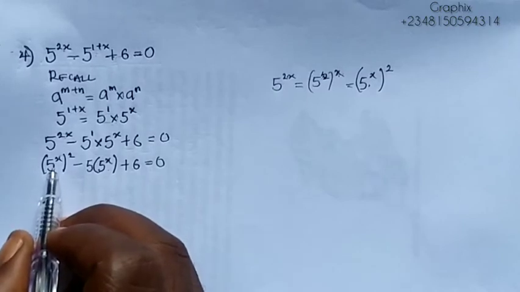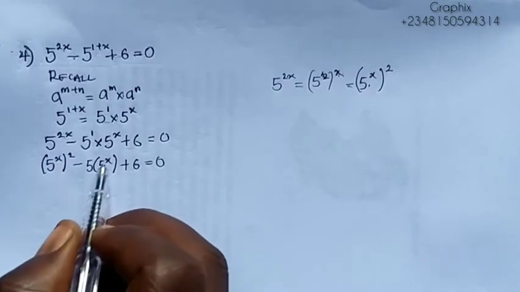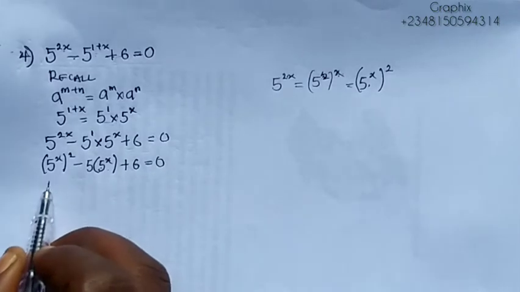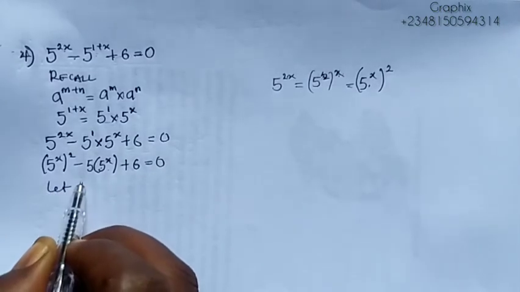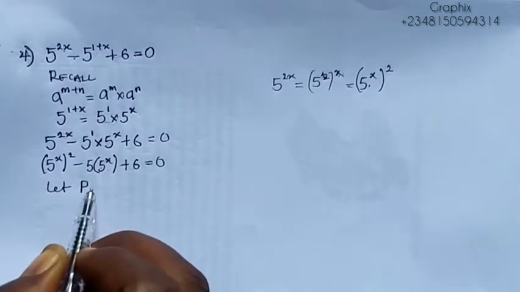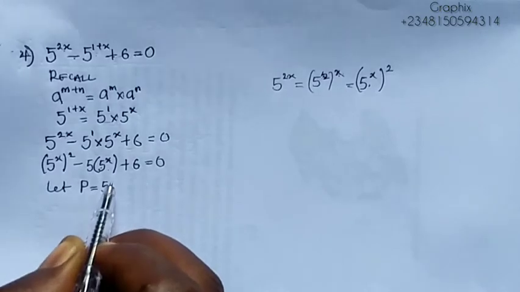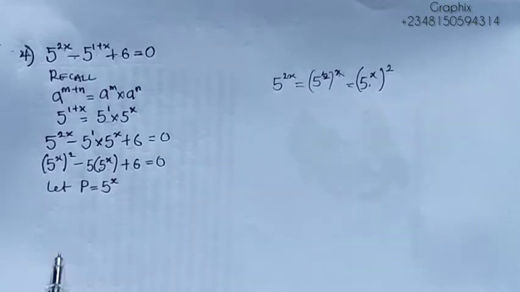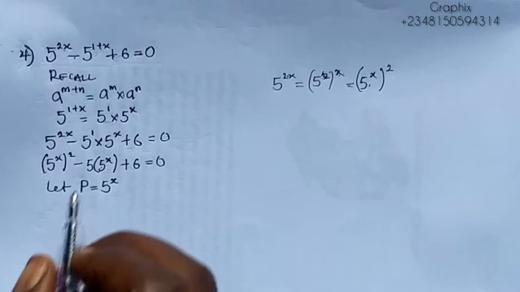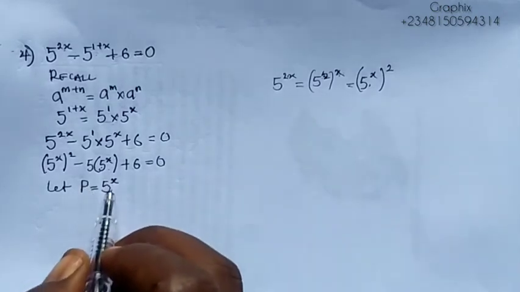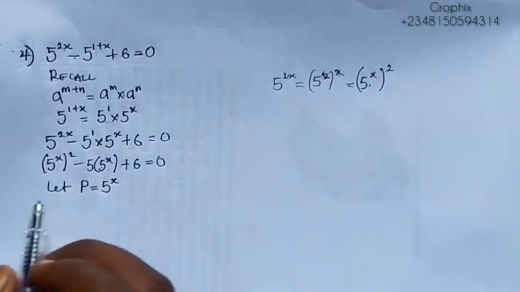I'm having 5 to the power of x, 5 to the power of x, so I can say let p be equal to 5 to the power of x. So anywhere I see 5 raised to the power x, I put p.